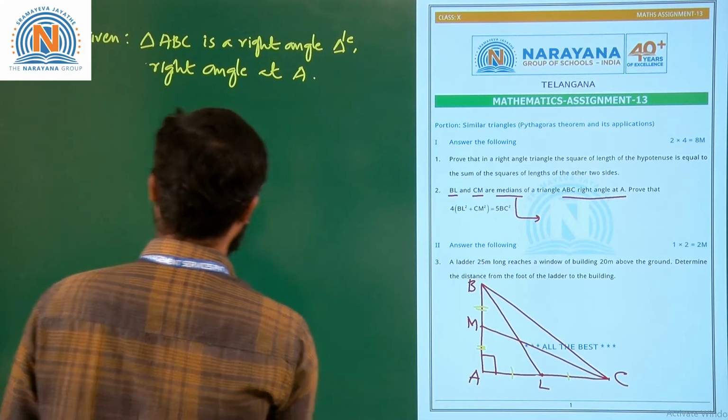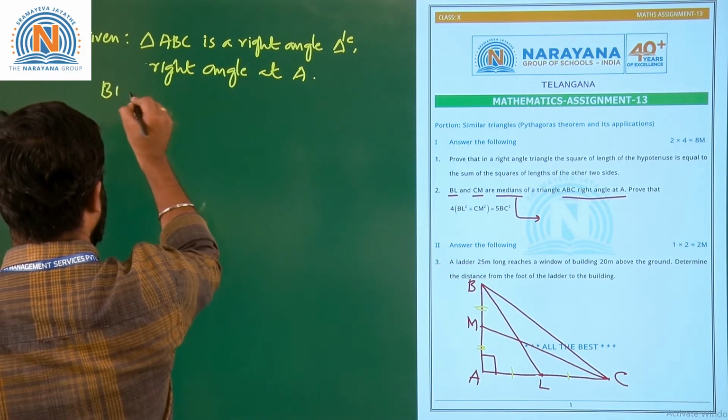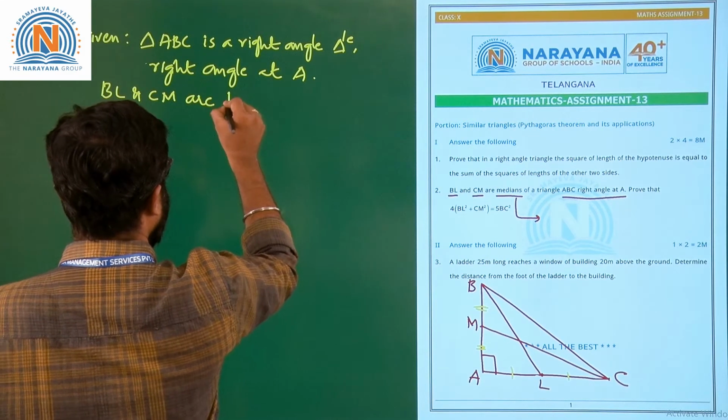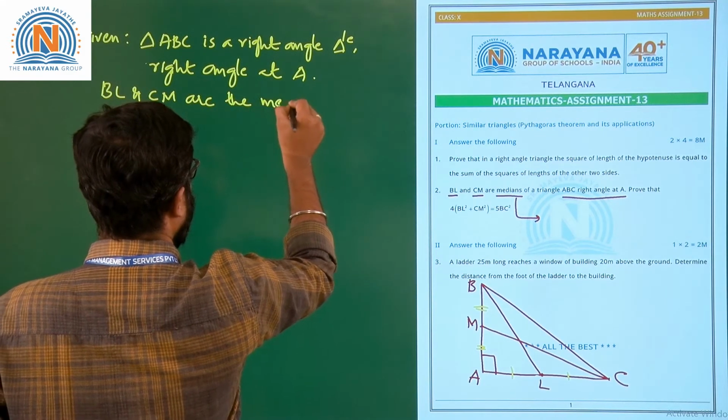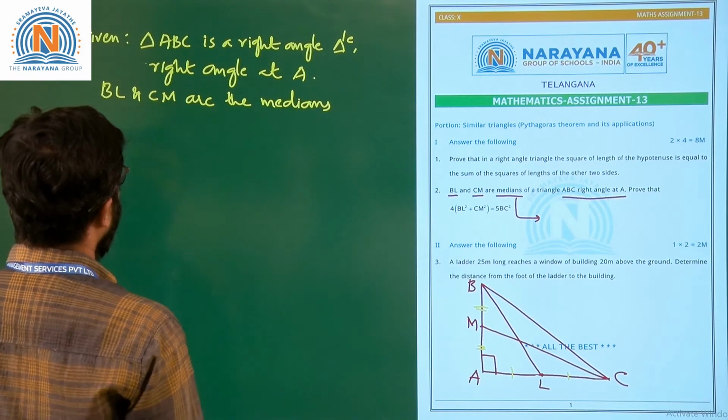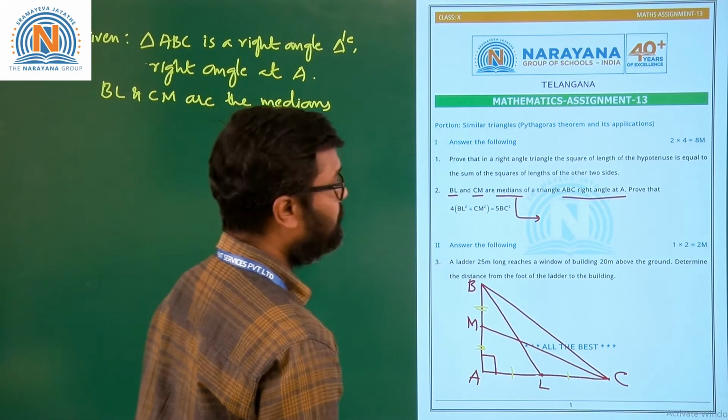Right angle at A, whereas BL and CM are the medians, isn't it? Now this is the given data.